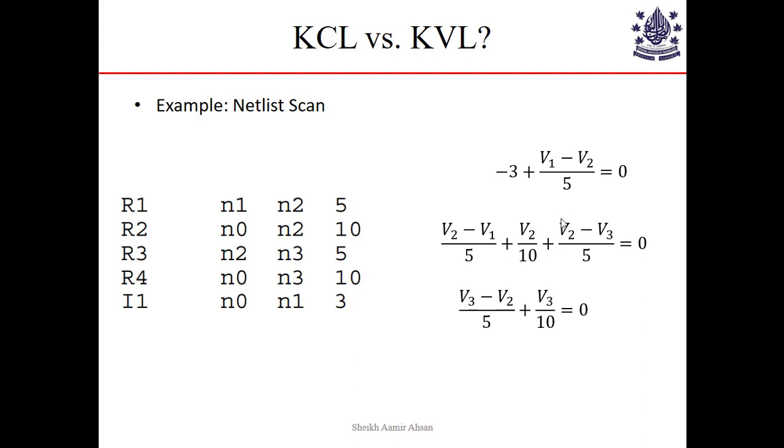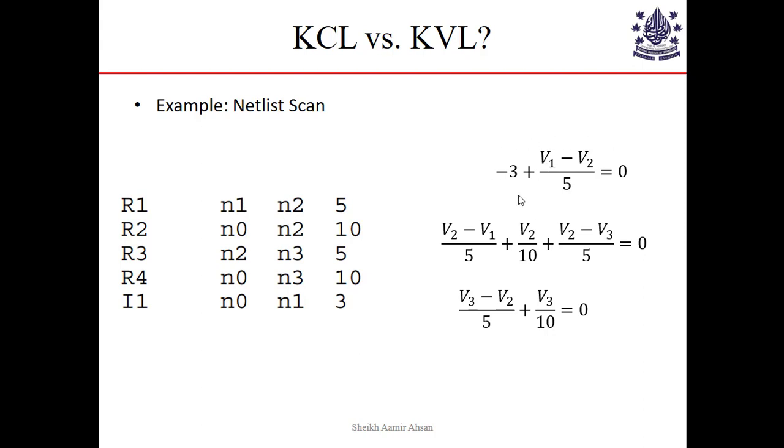But what I am going to show is the flow of this netlist scanning. As it encounters N1, it will just write this thing. Between N1 and N2, we have this element R1, so it will only write this one, V1 minus V2 by 5, just this much, as soon as it encounters N1.